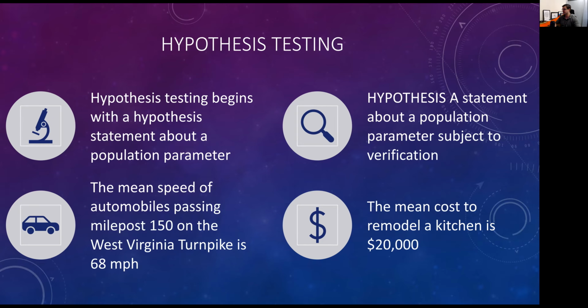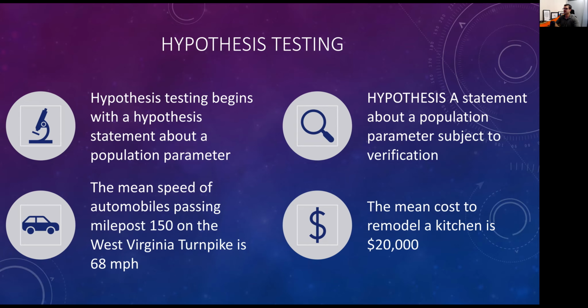For instance, the mean speed of automobiles passing milepost 150 on the West Virginia Turnpike is 68 miles per hour. That's a population parameter. A hypothesis is a statement about a population parameter that is subject to verification. So we're saying the average speed is 68 miles per hour. Well, we're going to test it and see if it actually is.